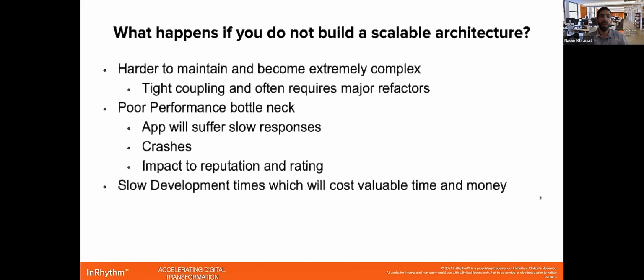On top of that, we're going to have a lot of poor performance, crashes. The app is going to be super slow, and that's going to impact our reputation and our rating. On top of that, it's going to be slow development times, slow build times. Every time you want to write something or update a few lines of code and try to build it, it's going to take so long to do it. So it costs valuable time and money.